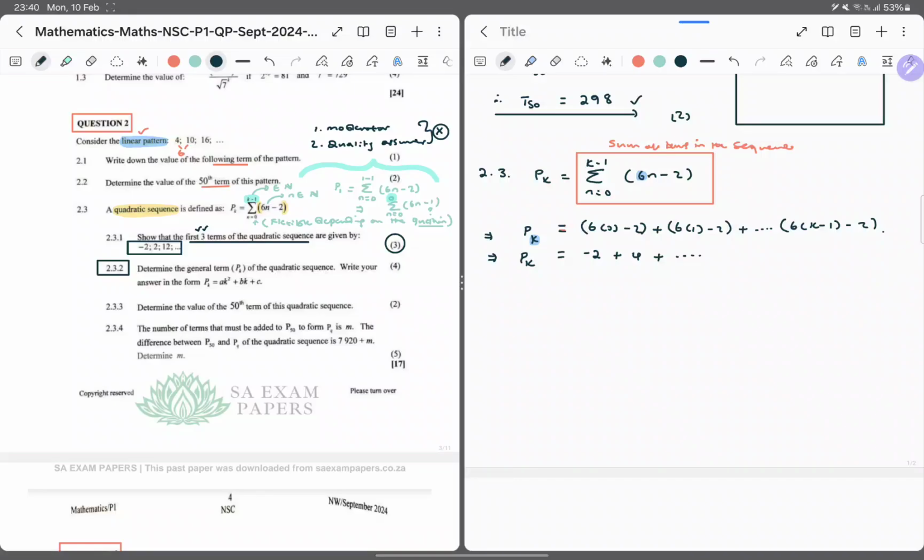But now I'm not interested in the last term. I mean, you can put it if you want. It's not a big deal at all. We can simplify this perhaps and say the last term here is going to be 6k minus 6 minus 2, which is 6k minus 8.